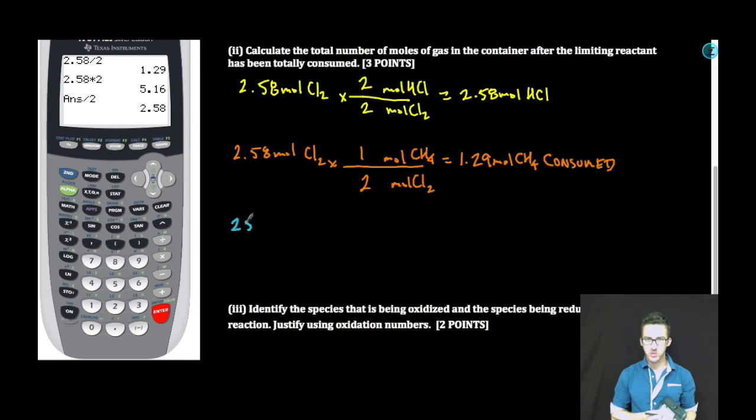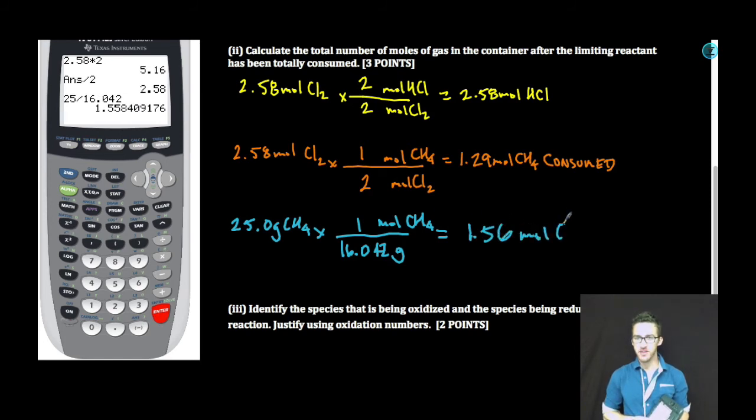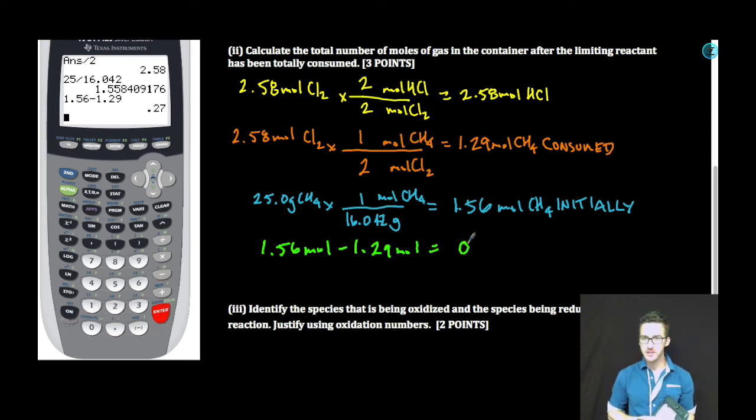So I'm going to take my 25.0 grams of CH4 and convert it to moles. Quick jump to the calculator. 1.56 moles of methane initially. So if I had 1.56 moles of methane initially, and 1.29 moles of it got used up, quick jump to the calculator, 1.56 minus 1.29. I'm going to have 0.27 moles of CH4 that remain.